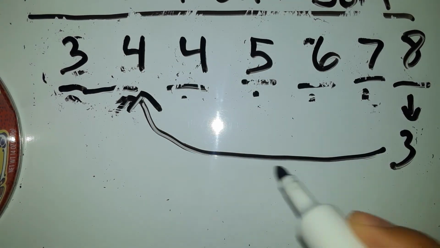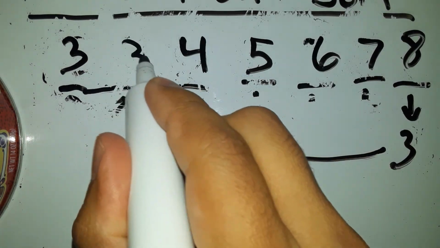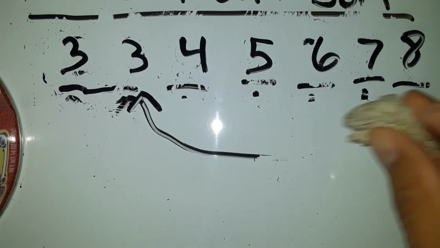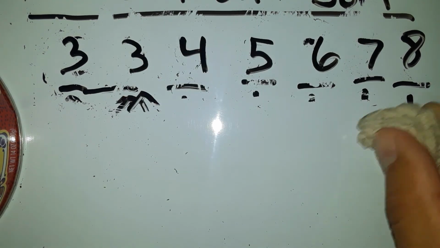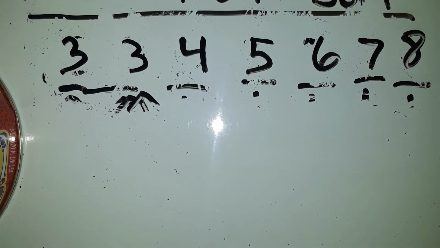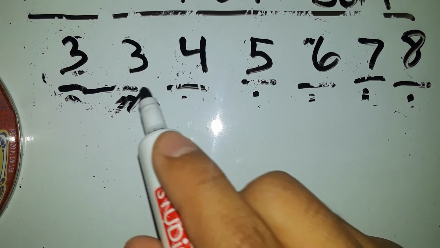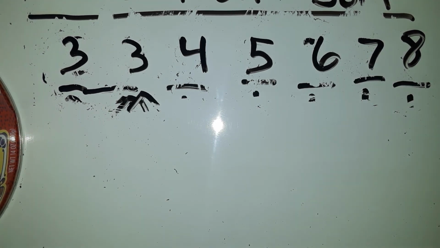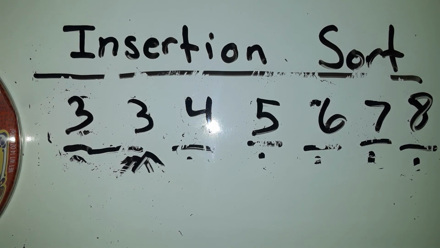And then lastly, 3 is inserted into this spot right here. And again, let's go ahead and check the context of our insertion sort. Since we have visited every single number, we can assume that it is all in correct order. So 3, 3, 4, 5, 6, 7, 8. That is in fact in correct order, and that is example 2 of the insertion sort.